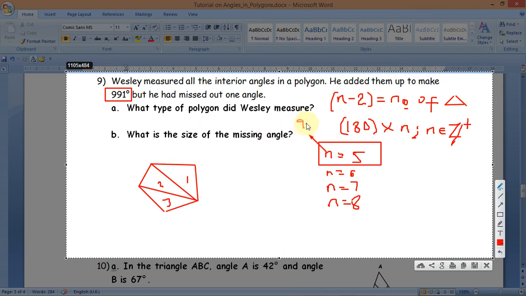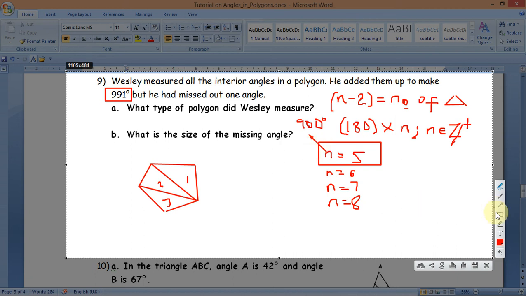So 900, am I correct? Yeah, 900, and 5 is a pentagon. So the sum of angles in a regular pentagon is 900. And this is 991. So let me go with n equals 6 now. That will be 6 times 180, and that is 1080.